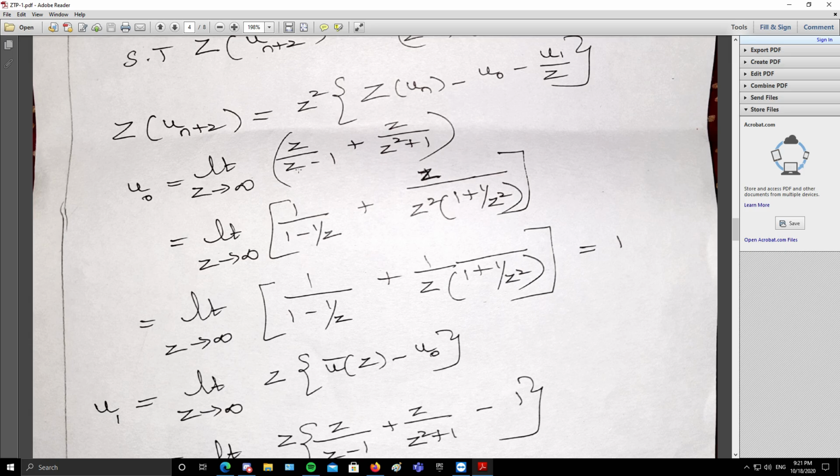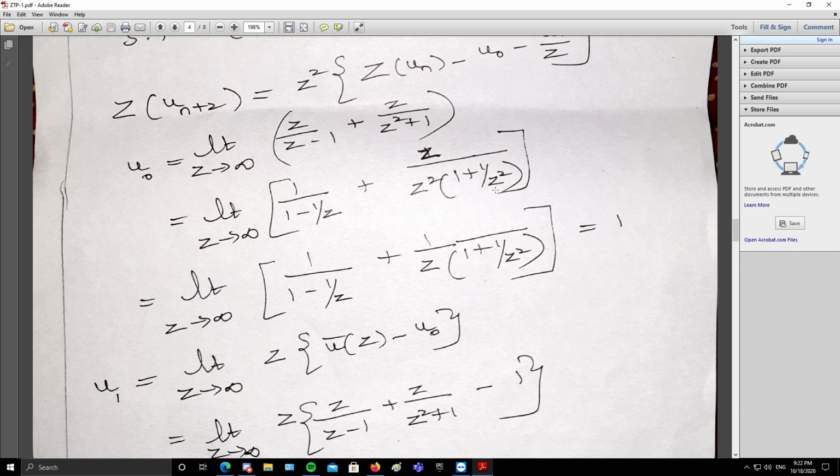So what you have to do is, z by z minus 1 is the same as 1 by 1 minus 1 by z, and here z by, take the highest power out, so z square into 1 plus 1 by z square. I repeat, whenever you have infinity by infinity form, don't go for L'Hopital's rule. You simplify like this. This is the same as 1 by 1 minus 1 by z, and here z by z square into 1 plus 1 by z square.